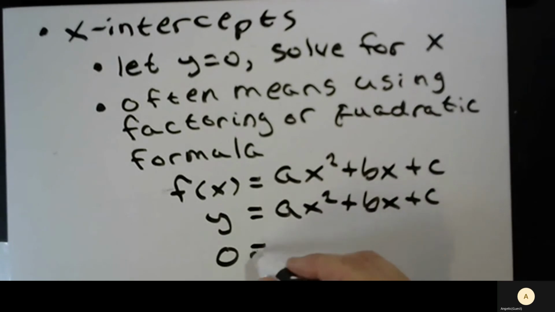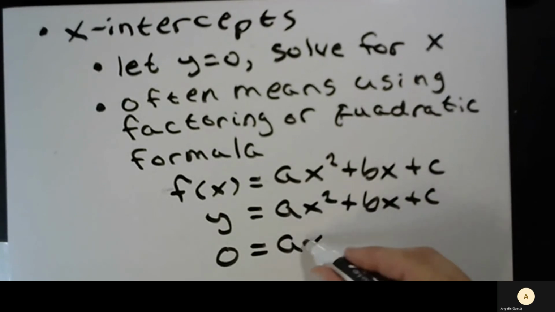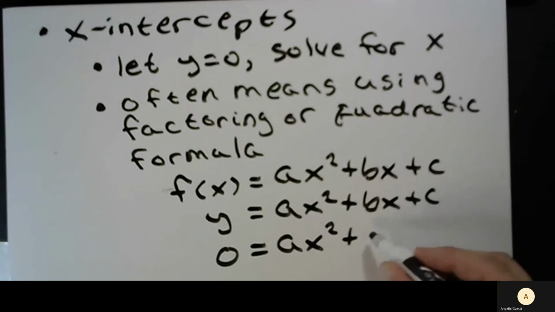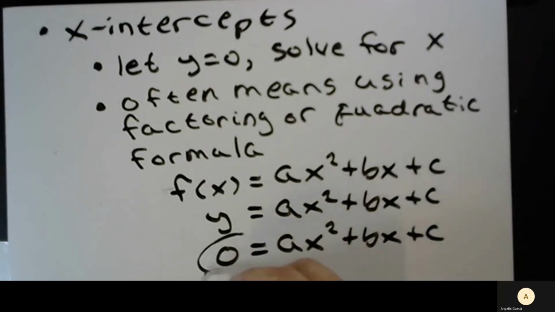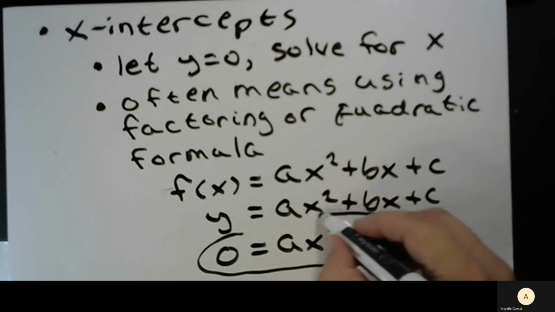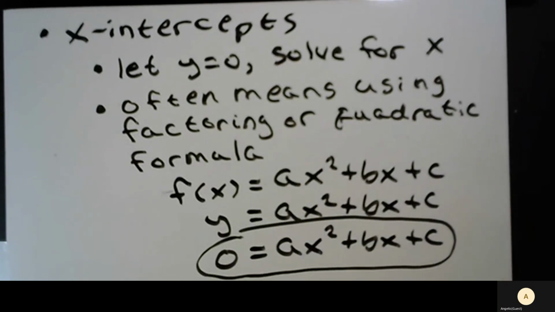Then you're going to solve this equation. And again, you could use factoring, you could use the quadratic formula. If you're not sure about factoring, quadratic formula will get you through every time. So any questions about that?